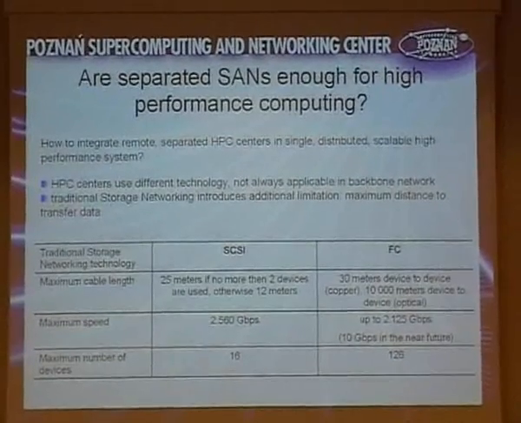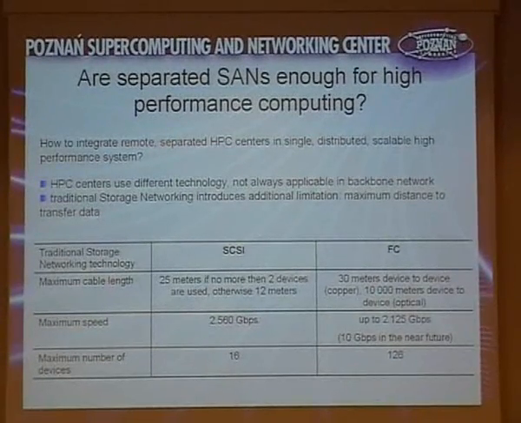The main building blocks for such infrastructures are HPC centers and the broadband optical networks connecting them. However, the major problem in integrating them lies in the fact that usually HPC centers use different technologies, not always applicable in our optical backbone.